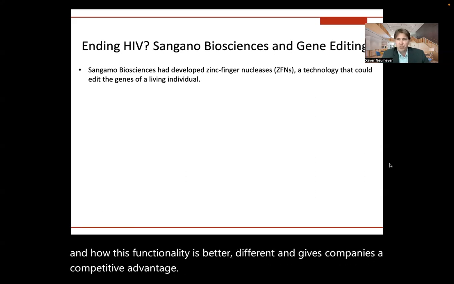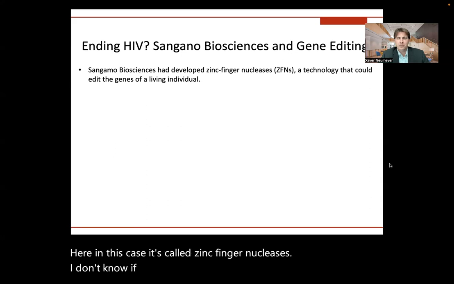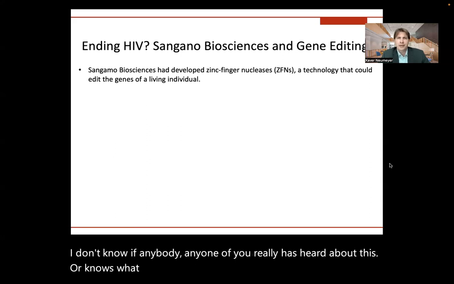Here in this case, it's called zinc finger nucleases. I don't know if any one of you has heard about this or knows what that is. I certainly don't know much about that.